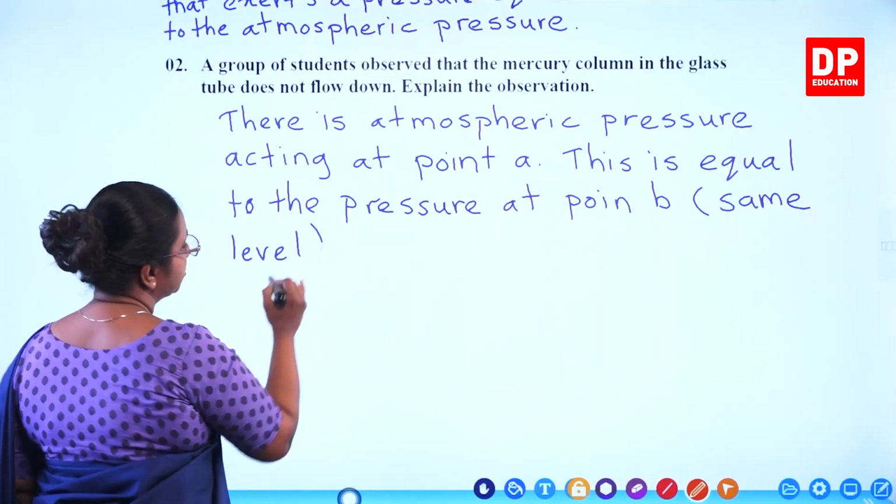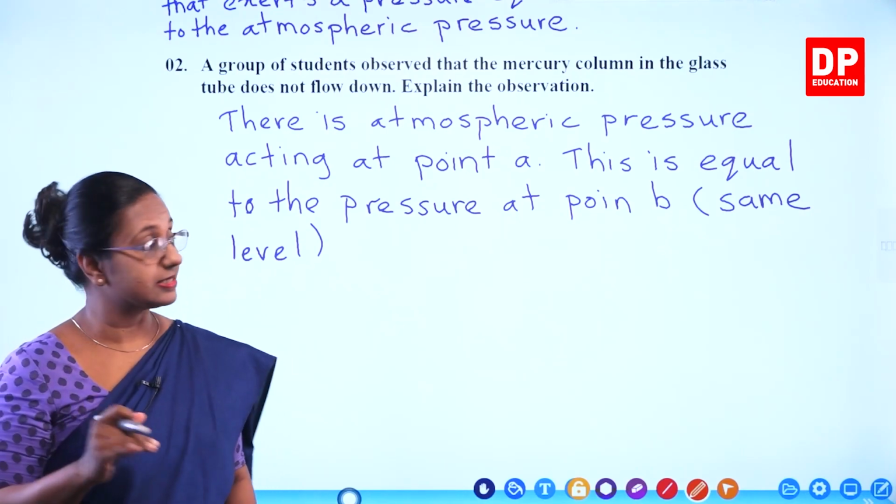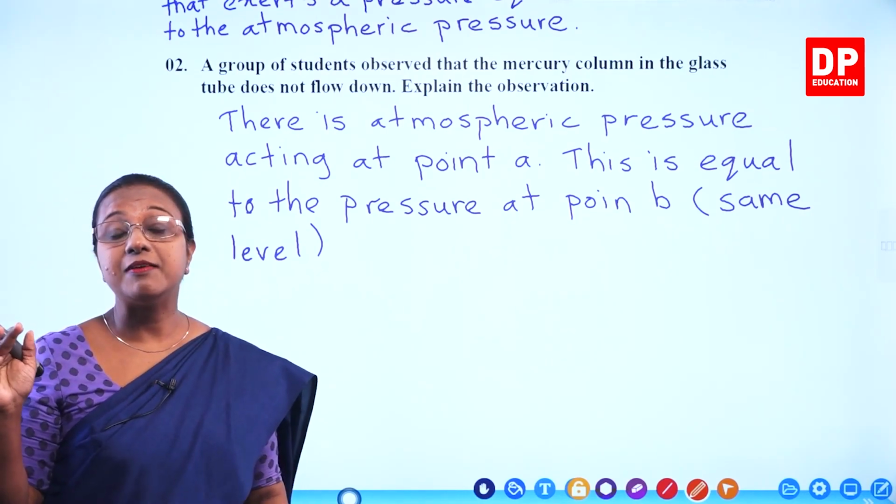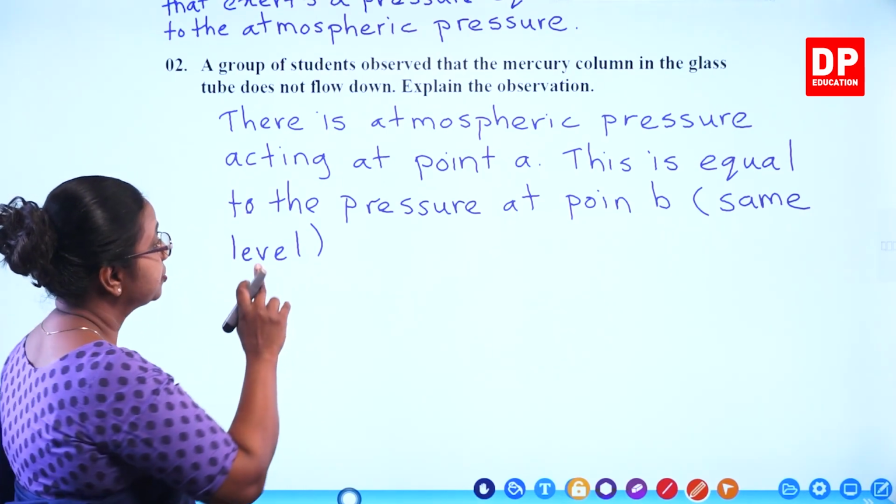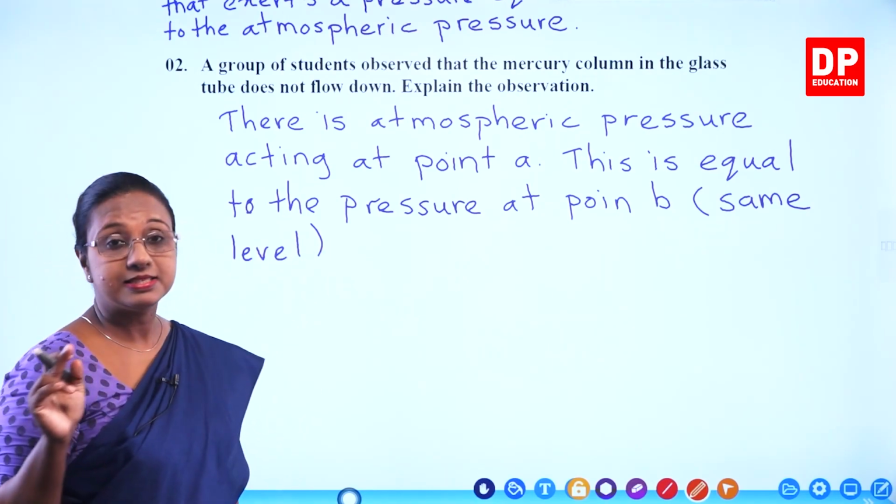So, if I write it short like that, you all know what that means. This pressure at the same level of a liquid is the same. So, pressure at point A and B are same.